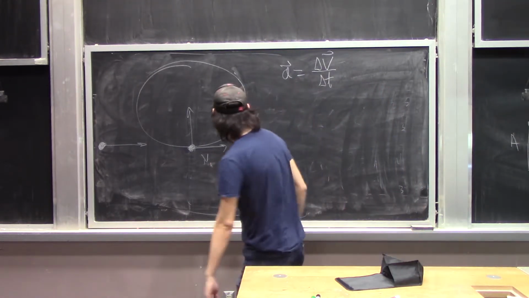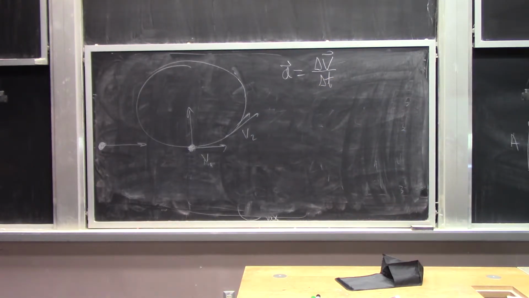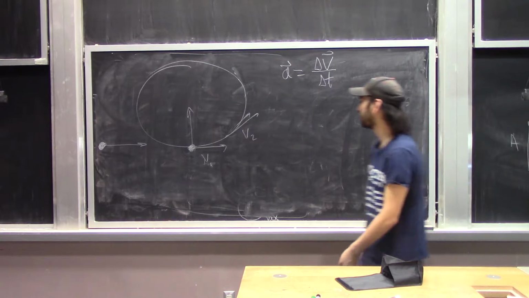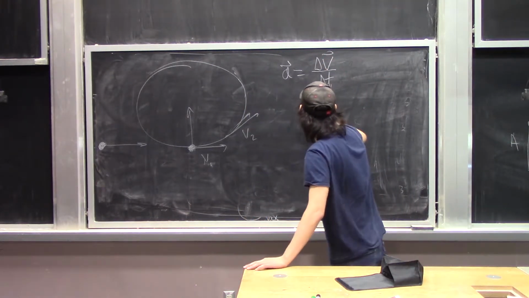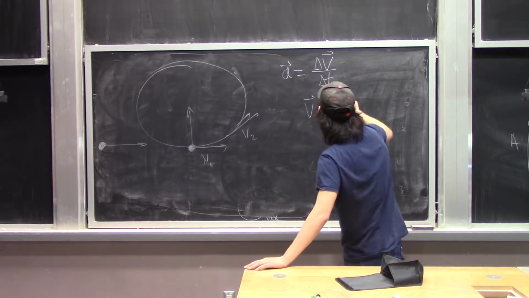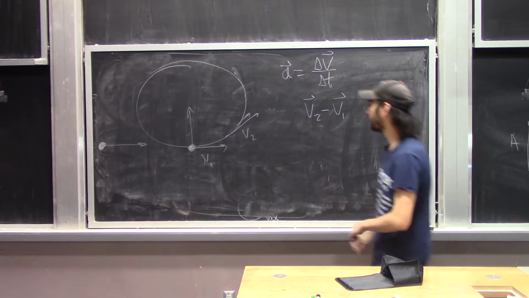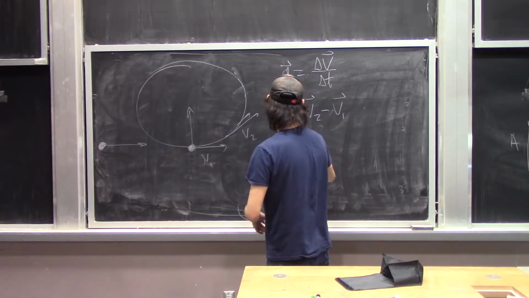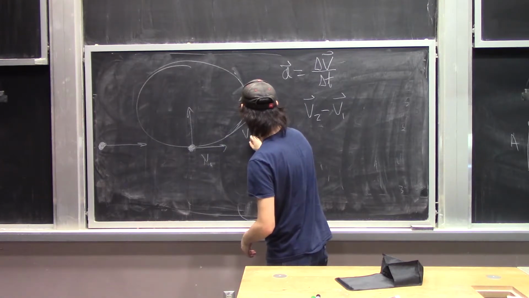Now, if we wanted to find the direction of the acceleration, what we could do is take the difference of these two vectors. So this delta v, by definition, is going to be v2 minus v1. Let's see what that's going to look like. If this is v2 and this is v1, it's going to look a little bit more like that.